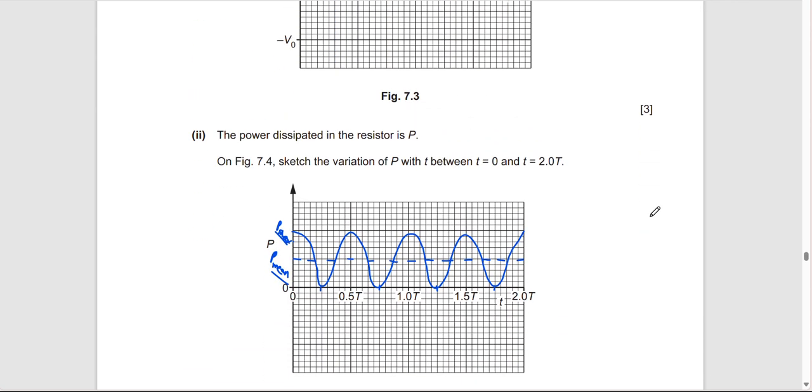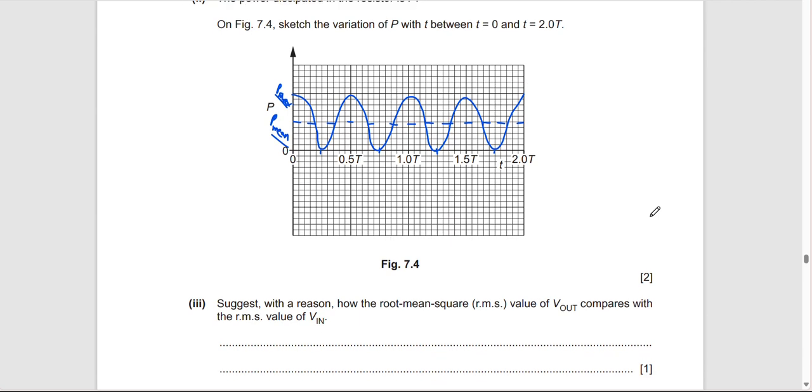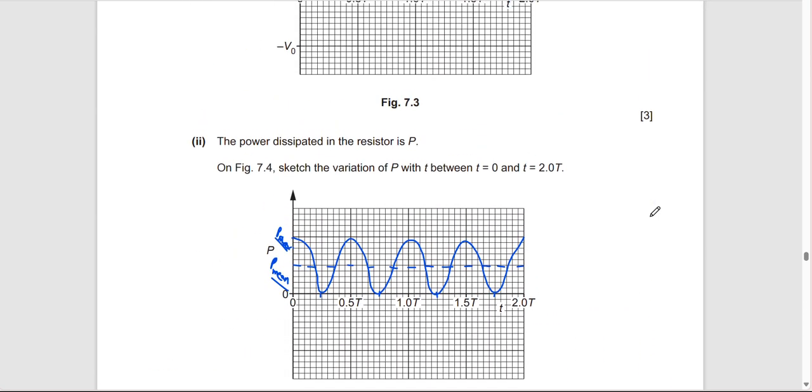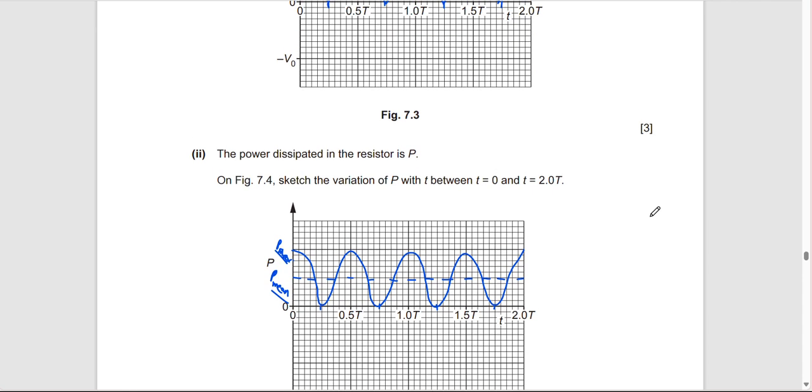And then there's this one as well, which I already did. Part 2, the power dissipated in resistor P. Sketch the variation of power with T between T equal to 0 and 2T naught.